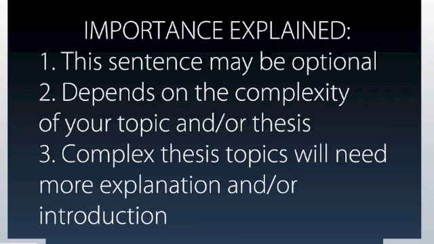But you need to ask yourself the question, how much do I need to explain without getting into a lot of details? It's also possible you may throw in an example here from the novel, since you are using the novel on your works cited list, a good chance to explain how it fits into the story at this particular point in time. Just keep in mind the more complex you're going to be, the more explanation and or introduction that you're going to need to do at this point so that the readers don't get lost with your paper.